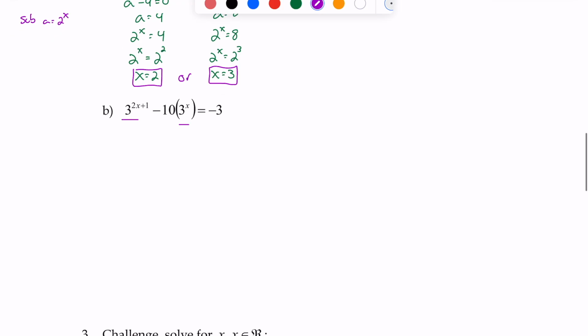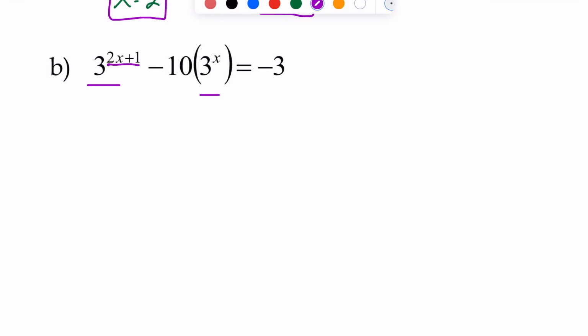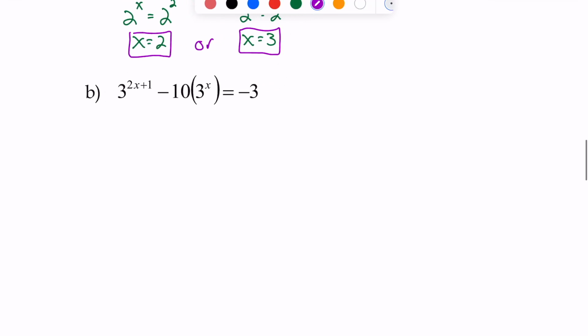Let's try it again for b. All right, very similar. The only difference is we have this binomial, this addition happening in the exponent up top here. So where do you see additions in exponents?